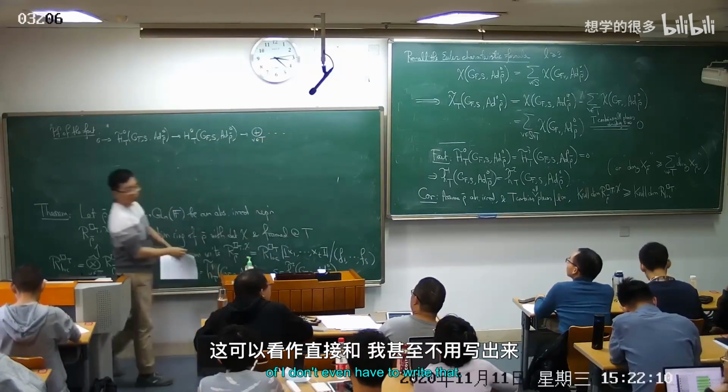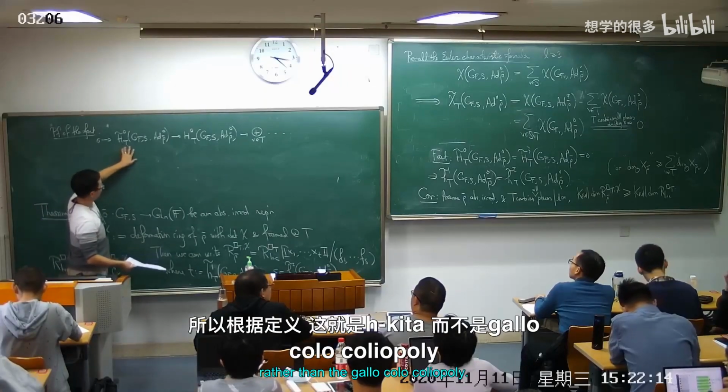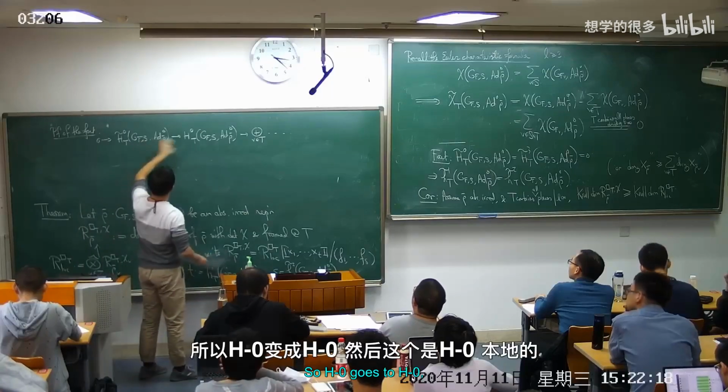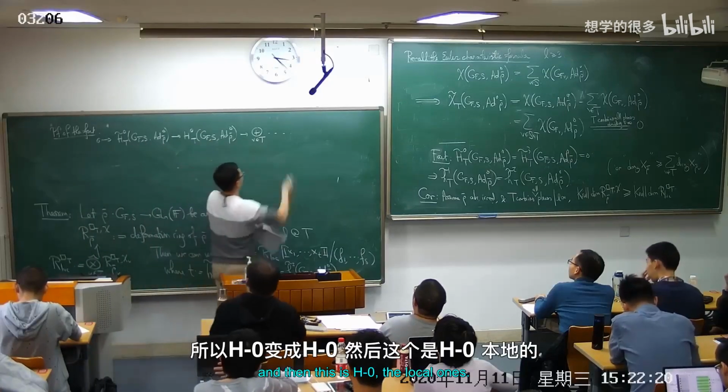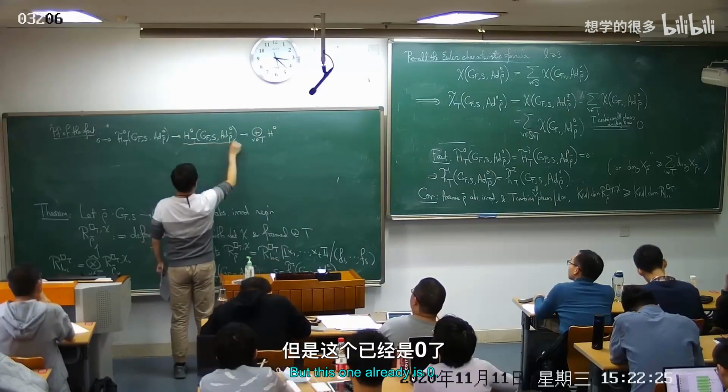I don't even have to write that. So by definition, this H2, the relative Galois cohomology, so H0 goes to H0, and then this is H0 of the local ones. But this one already is 0.